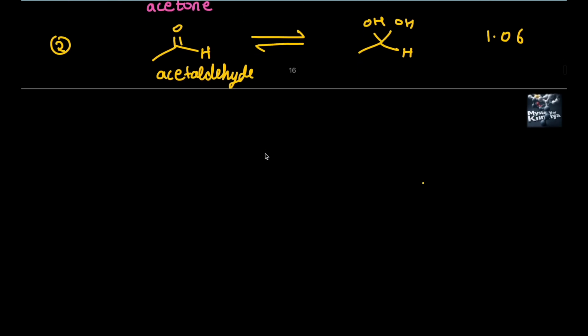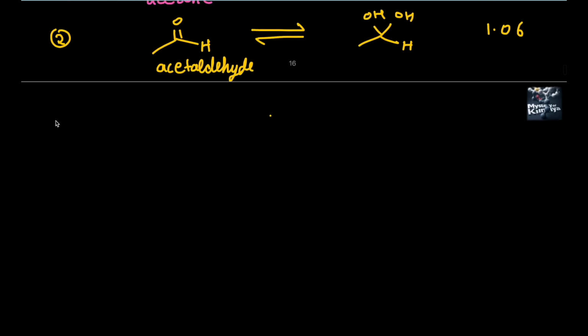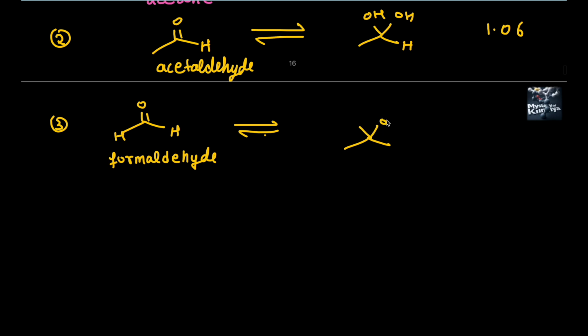In the next reaction, let's suppose we have formaldehyde. For this reaction, the equilibrium constant is around 2280.